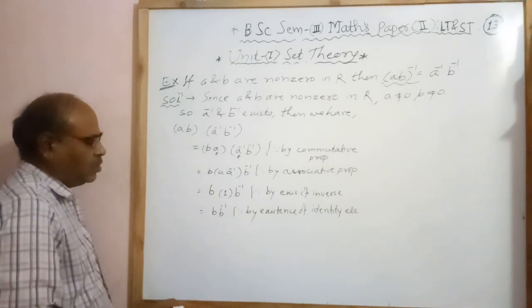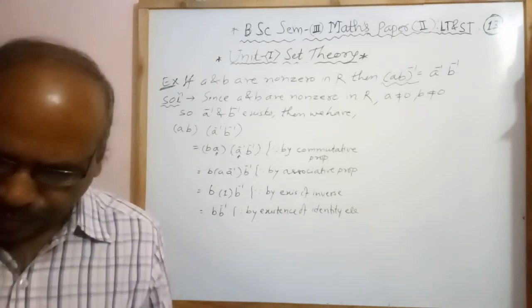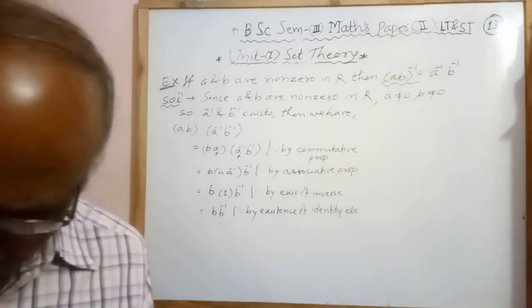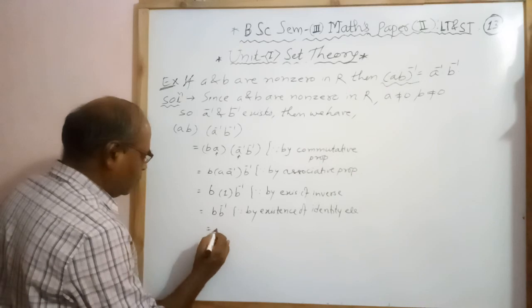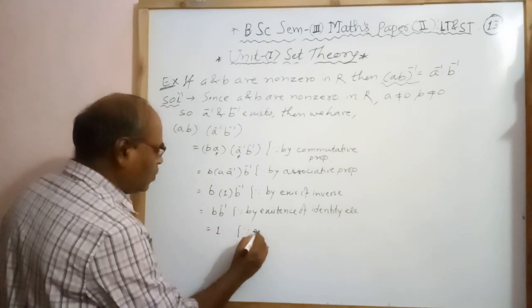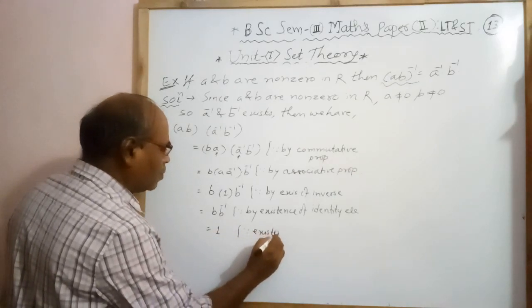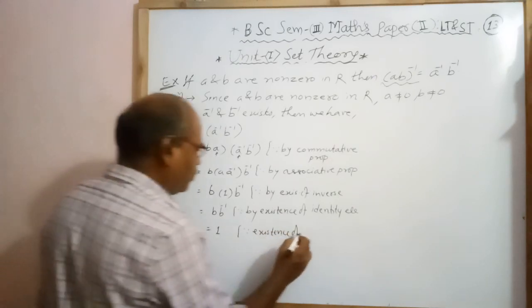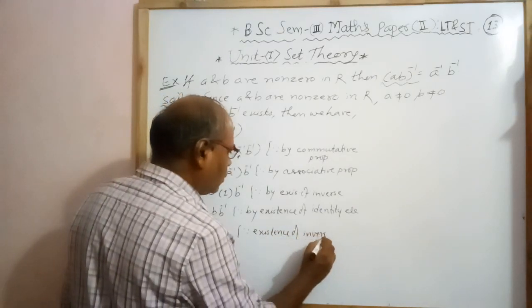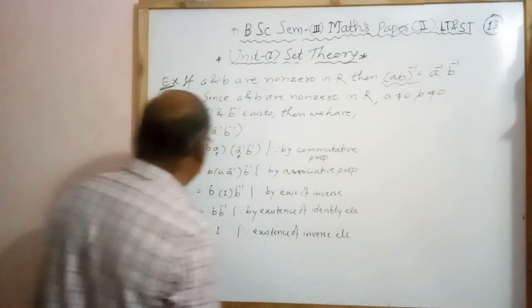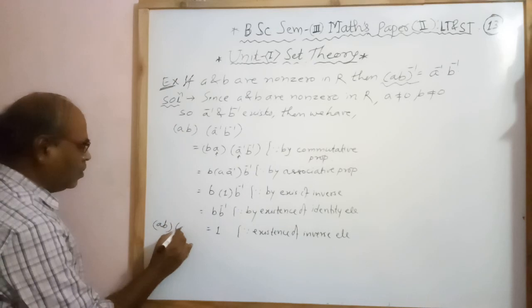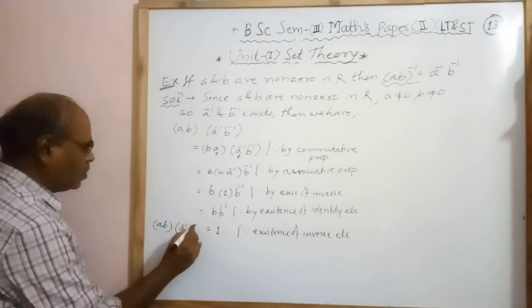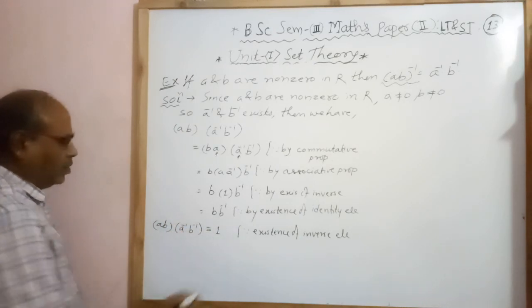And B into B inverse we have 1, since existence of inverse element. Therefore I get AB into A inverse B inverse equal to 1.